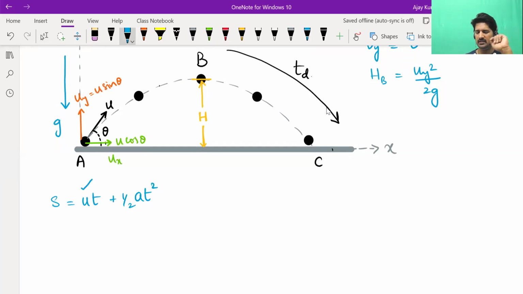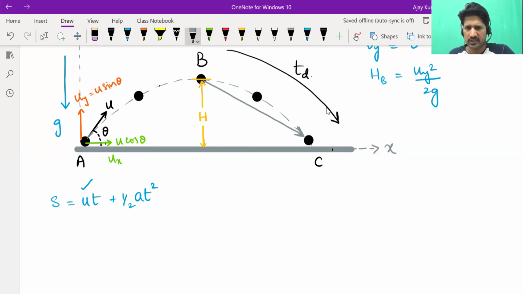And from B to C, do we know the displacement? I'm sure we don't know the complete displacement. But do we know anything about the displacement from B to C? At least a component of the displacement or anything like that. The total displacement is from here to here, which is not known to us.